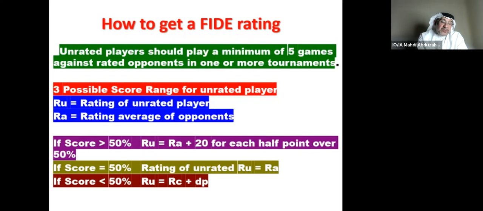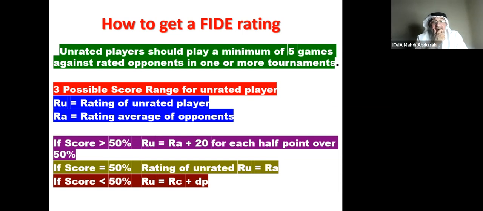If we have 5 opponents, we see all the 5 opponents' ratings. Maybe some of them have 2,000, 1,800, 2,030, and you add all together and divide by the number of opponents. There will be the average rating.